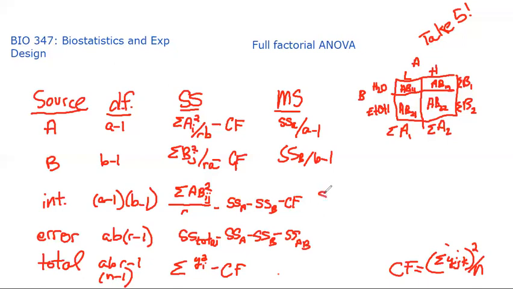This would be the sums of squares A, B divided by A minus 1 times B minus 1. The mean square error would be the sums of squares error divided by A, B, R minus 1.